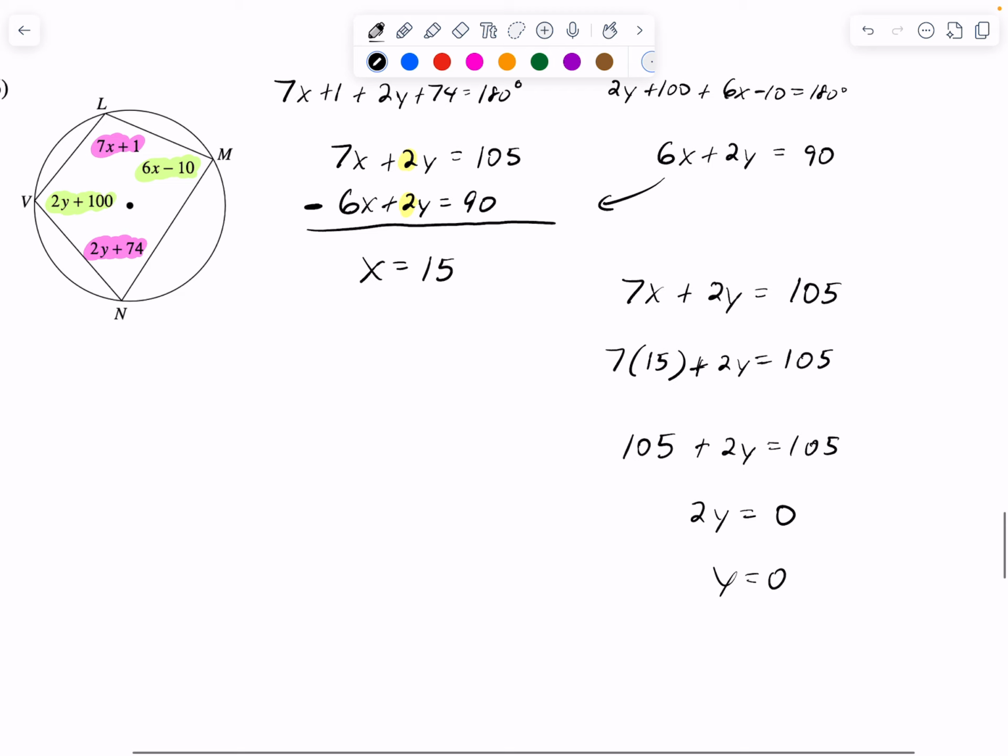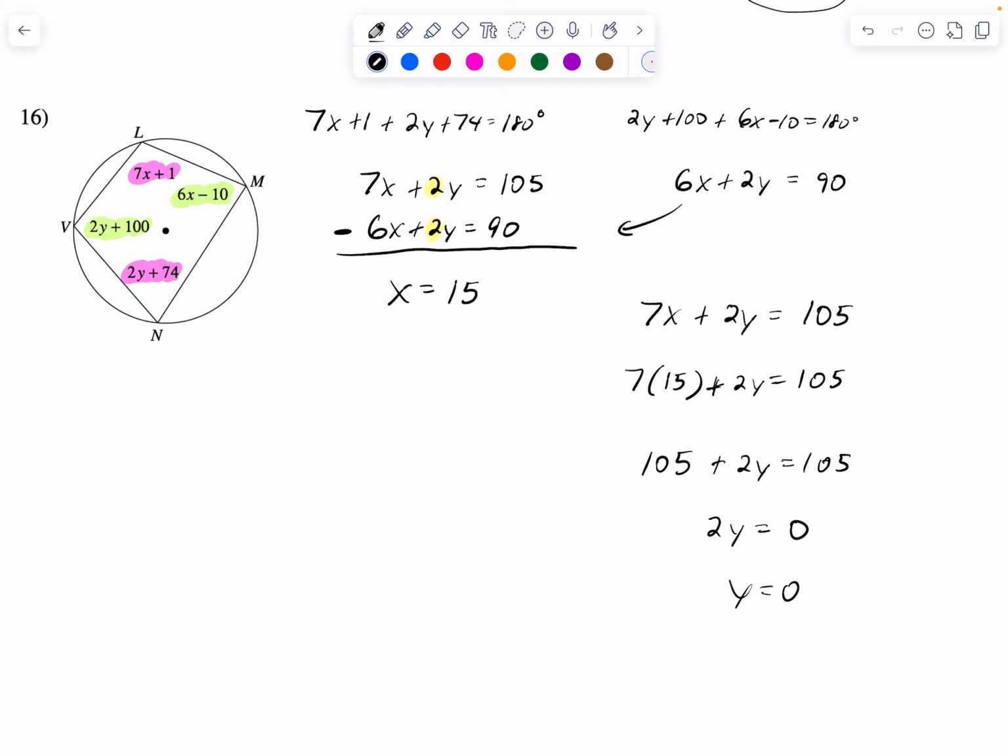Let me check this by plugging it in. I didn't check the last one. So I have 7x plus 1. 7 times 15 plus 1. So that's going to be 106.